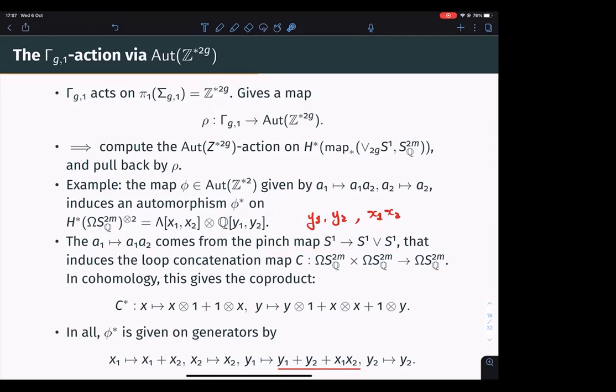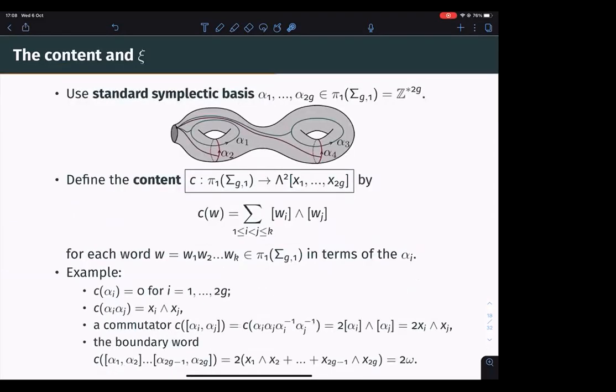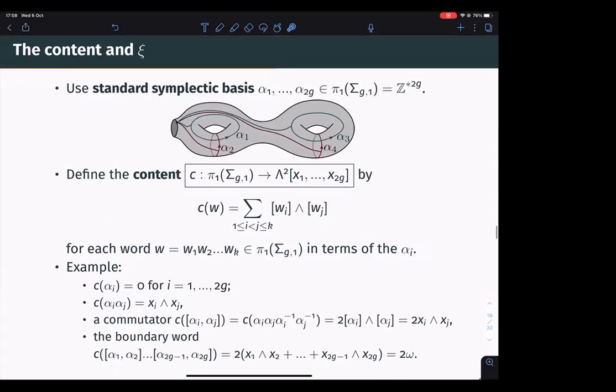And we know what the coproduct of the sphere is. x maps to x tensor 1 plus 1 tensor x, y maps to y tensor 1 plus, well, there's this term in the middle. That term in the middle is what gives this. And this was just on one automorphism, but somehow this generates everything in Aut of the free group on 2g generators. So let's see now how to formalize this for all phi.